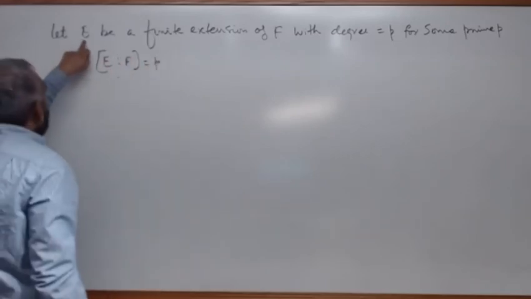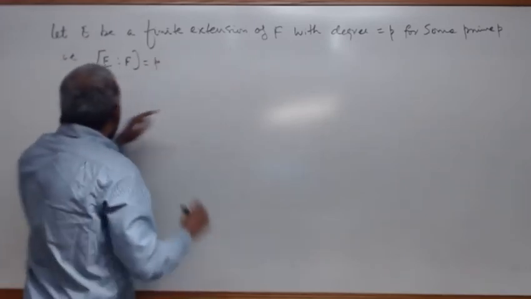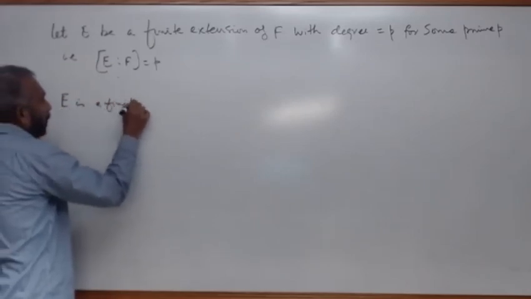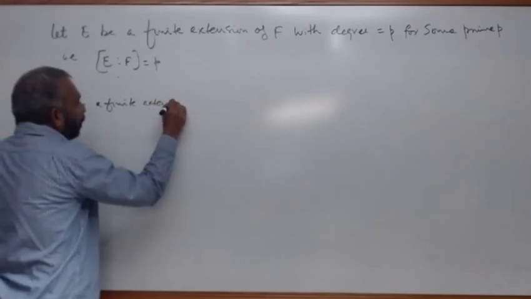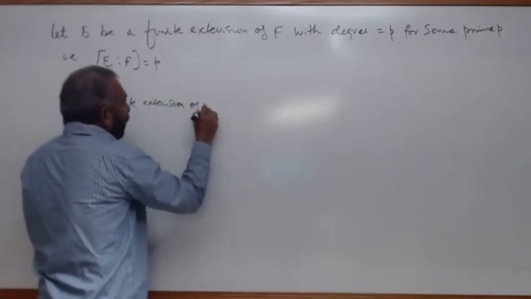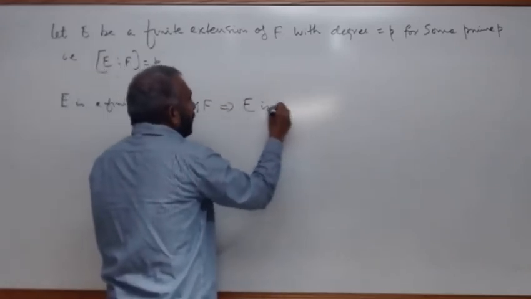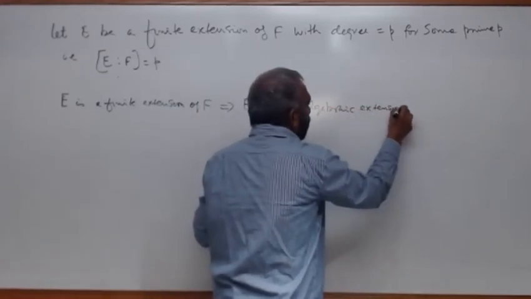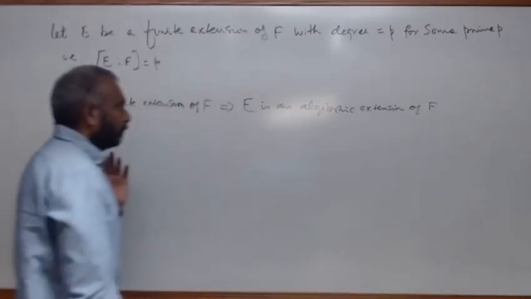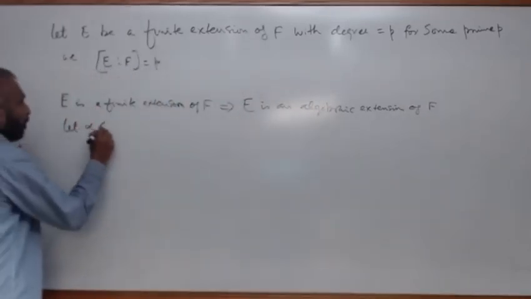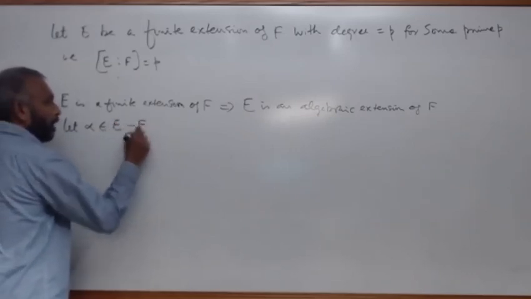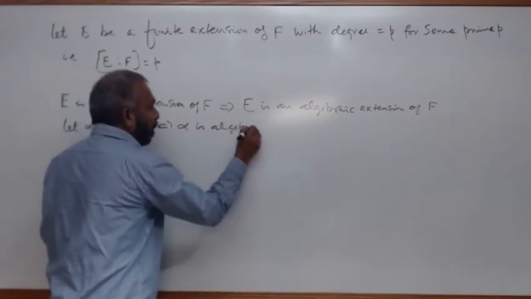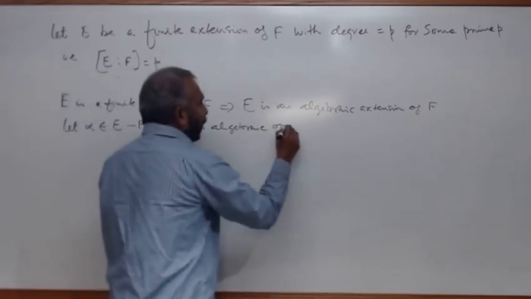Since E is a finite extension of F, E is an algebraic extension of F. So let alpha belong to E minus F, outside F, inside E, which implies alpha is algebraic over F.